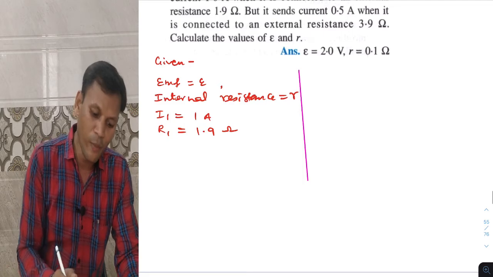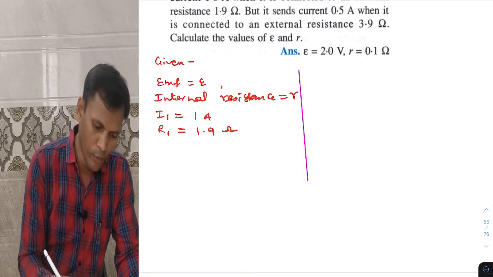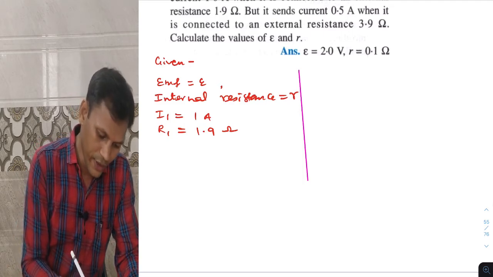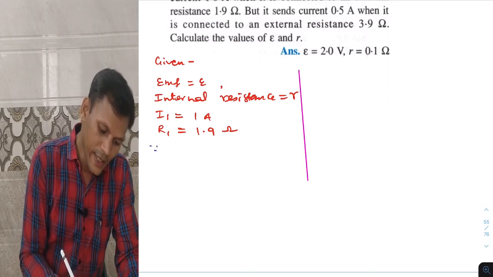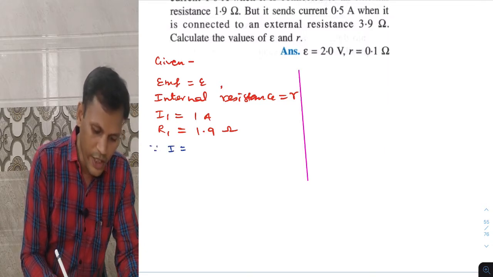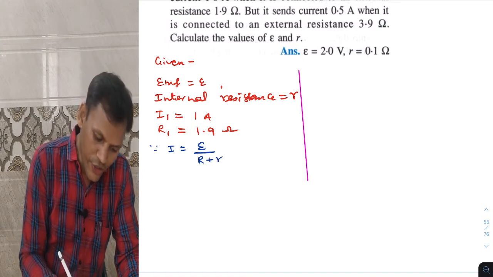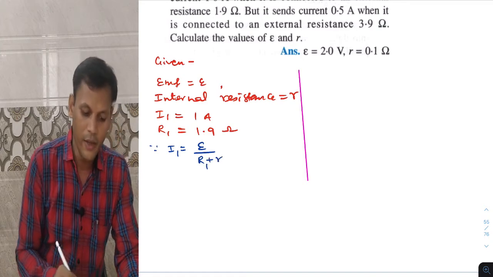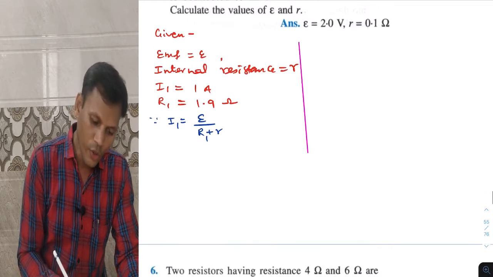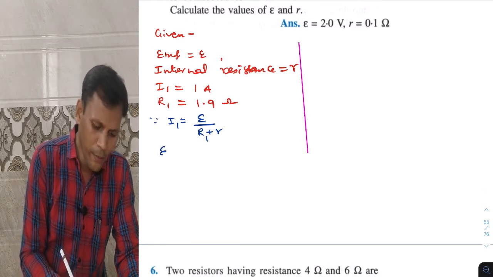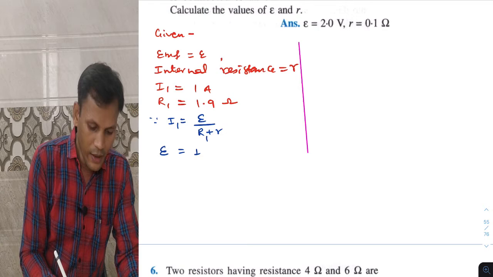So we know the formula, according to formula we will move. We know that I is equal to E by R plus r. According to this condition it will be I1, this will be R1. So E will be I1 times R1 plus r.